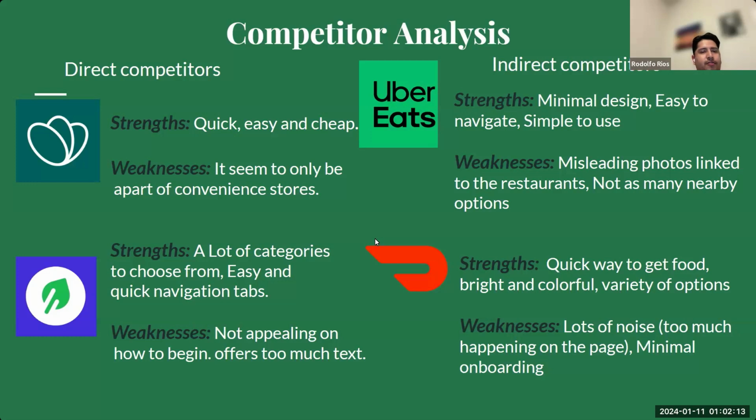So we gathered information from our direct competitors, whose strengths were quick, easy, and cheap. One of their weaknesses was it seems to only be a part of convenience stores. For our indirect competitors, the strengths of Uber Eats were minimal design, easy to navigate, simple to use. One of their weaknesses was misleading photos linked to the restaurants, and not as many nearby options.